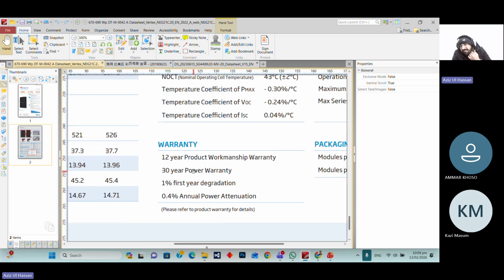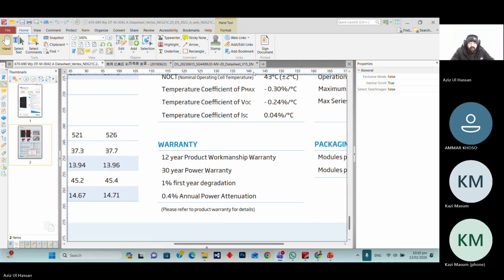But mostly I have seen that this power warranty was 25 years in the previous years. Now almost all the vendors or OEMs of PV modules have changed their warranty from 25 to 30 years.